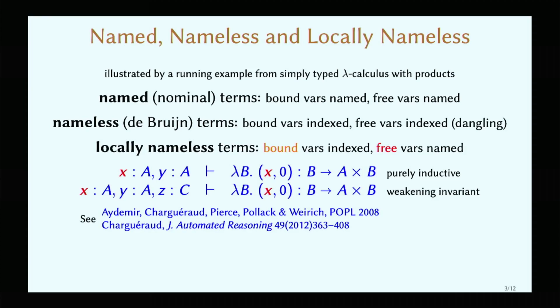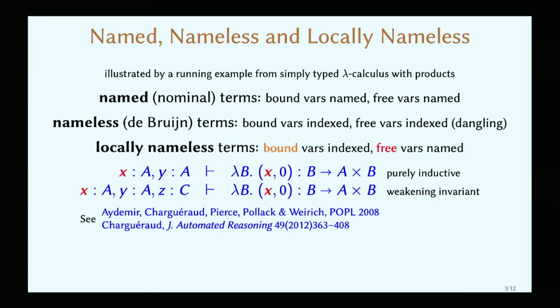So these guys had a paper in POPL in 2008, Engineering Meta Theory, and Arthur Charguéraud followed that up with a journal paper a few years later, and that sets out the locally nameless approach.